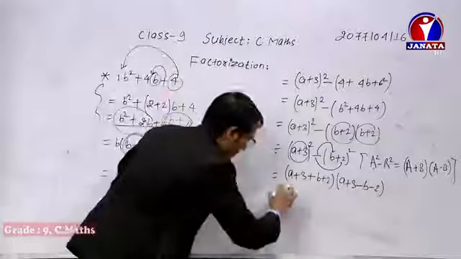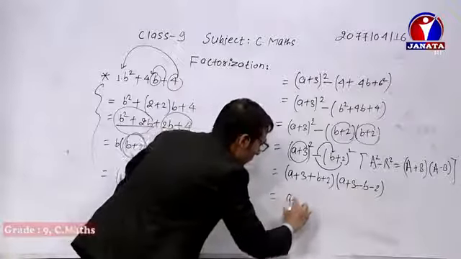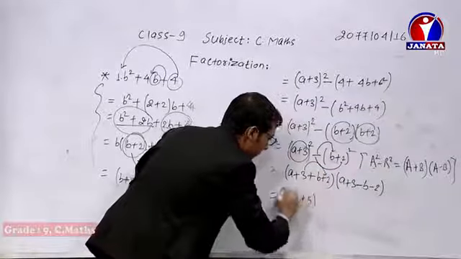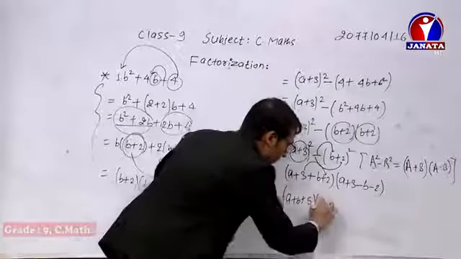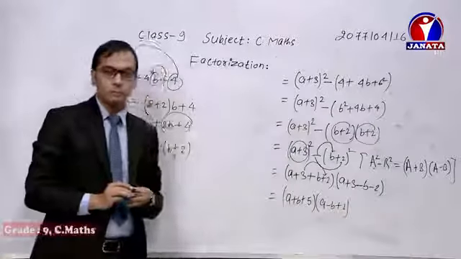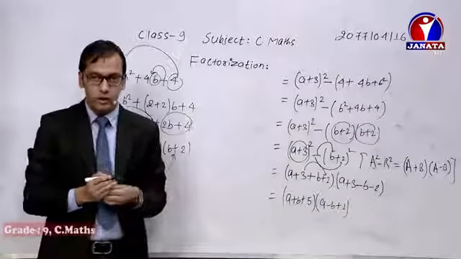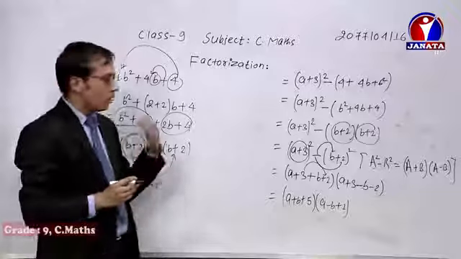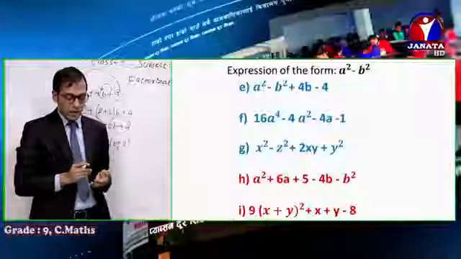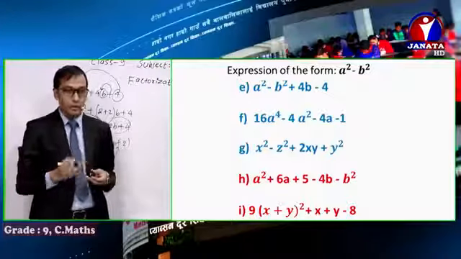So it gives a plus b plus 3 plus 2 is 5, a minus b plus 1. So these are the two factors of the original expression, a square plus 6a plus 5 minus 4b minus b square.